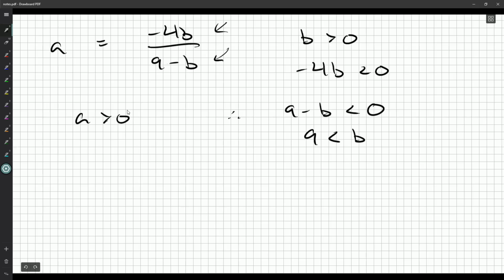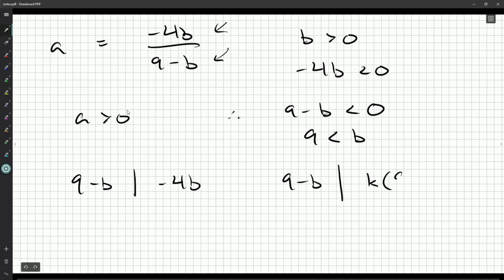Okay, and we also need 9 minus b to divide negative 4b. But 9 minus b also automatically divides any multiple of 9 minus b.